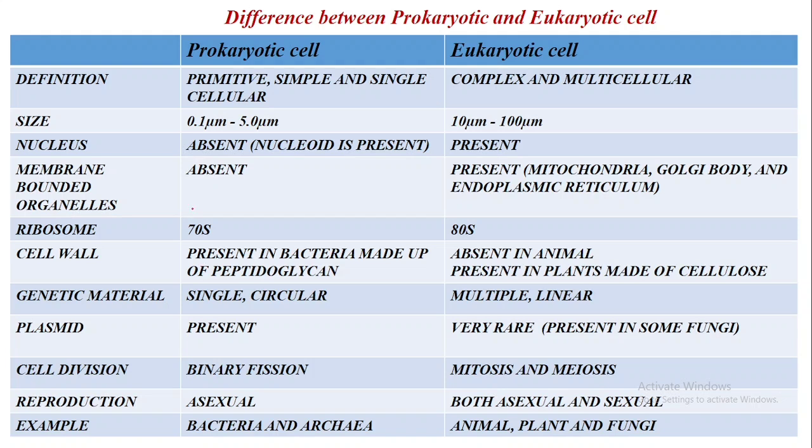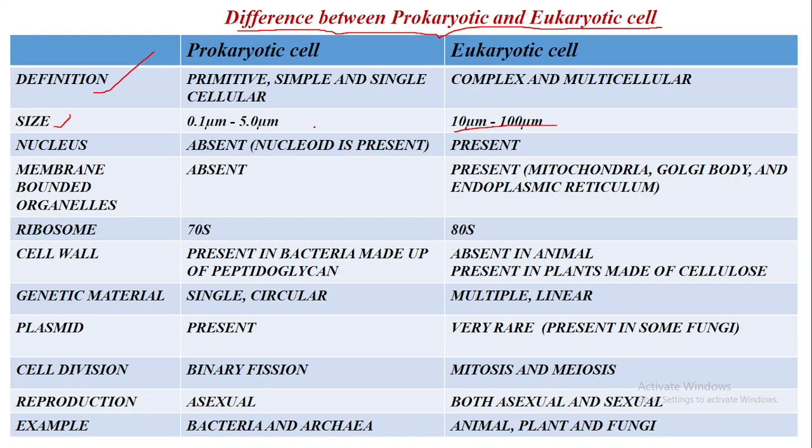Now let's discuss the basic difference between a eukaryotic cell and a prokaryotic cell. The first, prokaryotic cells are simple, primitive. Eukaryotic cells are more complex, as you have already seen in the diagram. As far as the size is concerned, prokaryotic cells are very small as compared to eukaryotic cells.